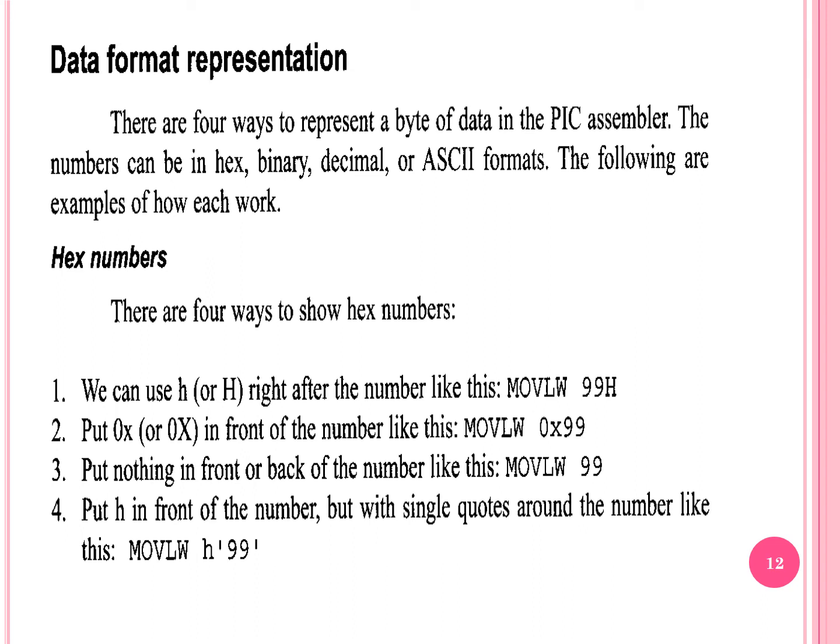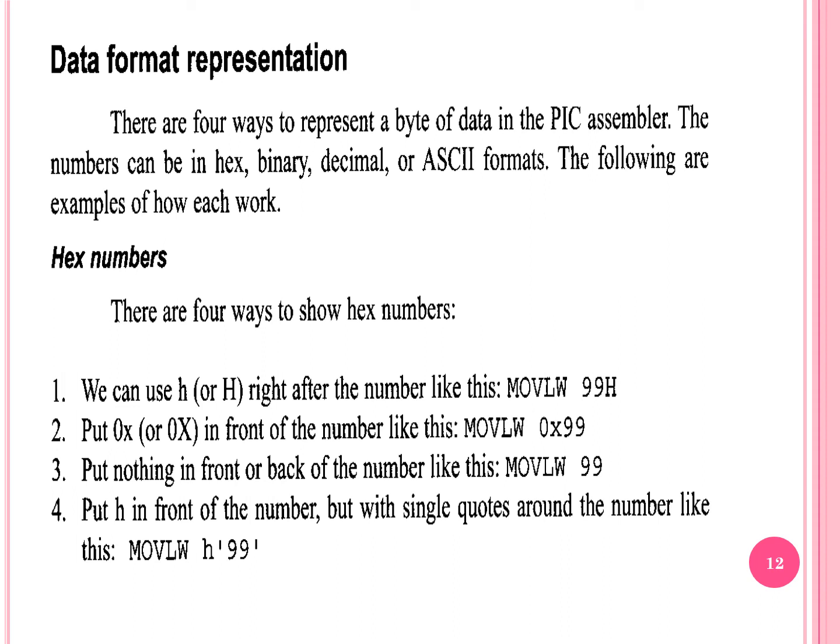We can use small h or capital H right after the number, like see here MOVLW 99H, capital H. So this is hexadecimal 99. We can put 0x in front of the number, like MOVLW 0x99. This is also indicating that 99 is to be treated as a hexadecimal number. Then the third way is to put nothing in front or back of the number.